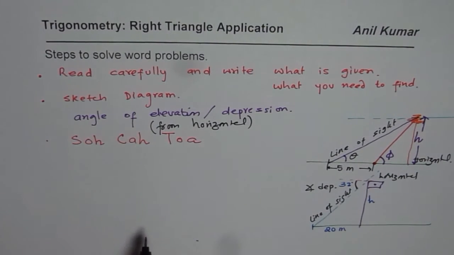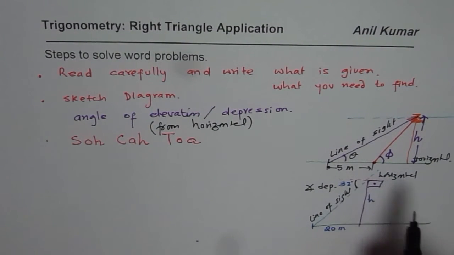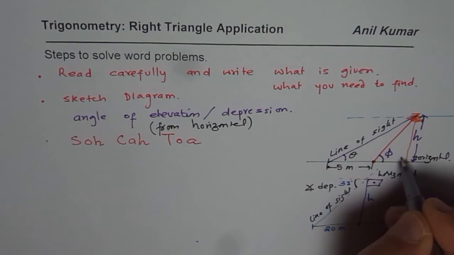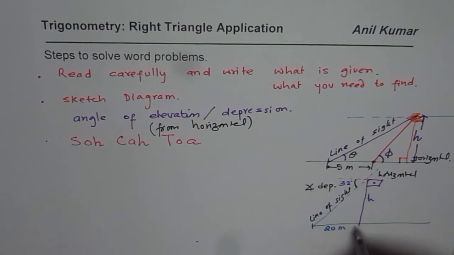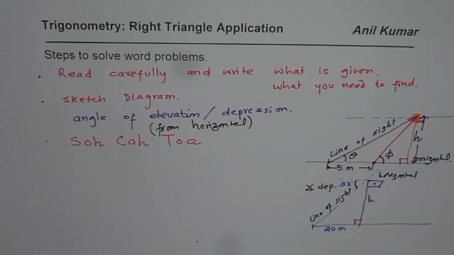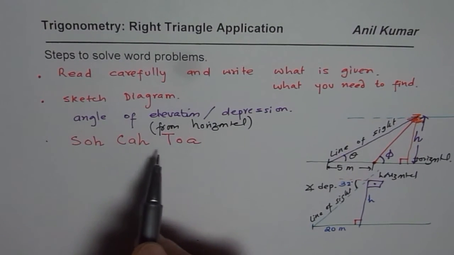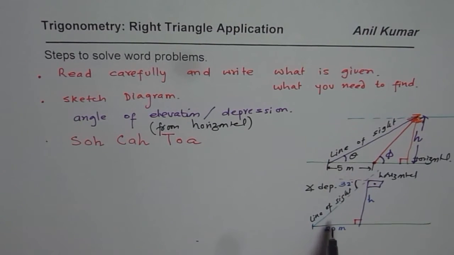Now this will tell you which ratio to use at what time. In all these cases which we are considering, we'll have one common factor, and that is a right triangle. So there is always a right triangle when we are solving these questions, okay? So apply SOHCAHTOA, the primary trigonometric ratios, and figure out which one to use to solve the question, right?